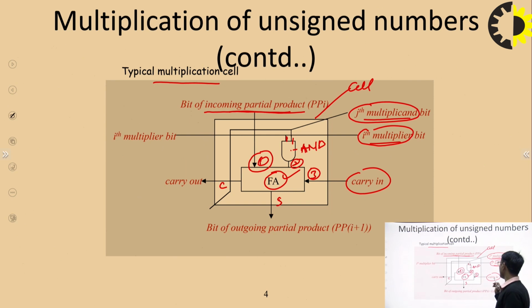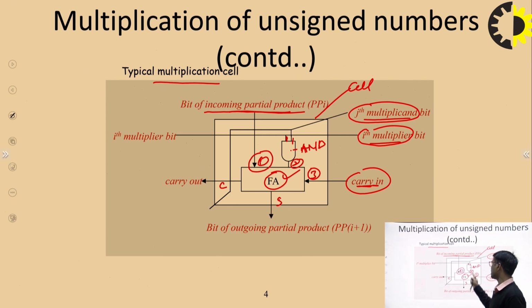So, the full adder will have a carry in from the right hand side cell. So, 3 bits: the previous partial product, plus the current multiplier and multiplicand multiplication, and the carry in generated from the right hand side cell.